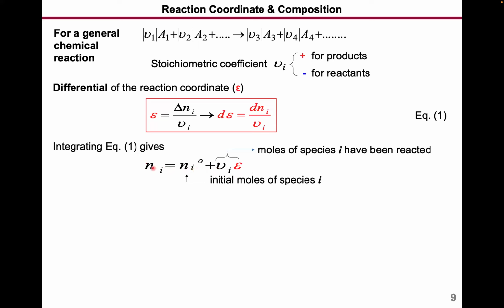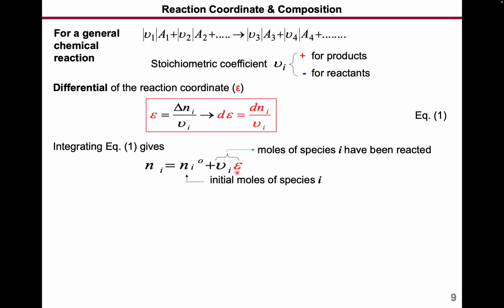So Ni at any instant time or any reaction coordinate, the moles of species i, is going to be the initial moles plus Vi times epsilon. Now Vi times epsilon is basically the moles of species i that have been reacted.